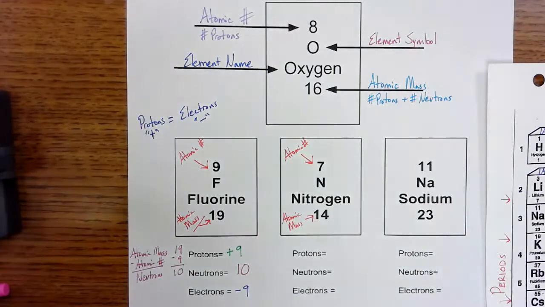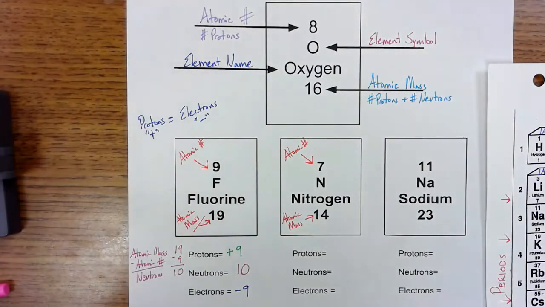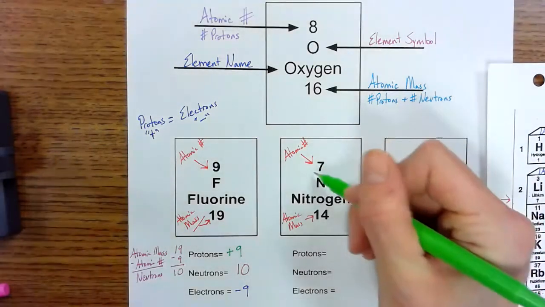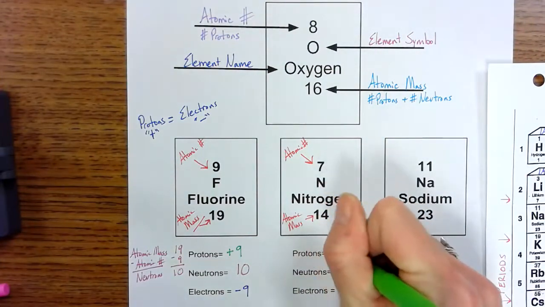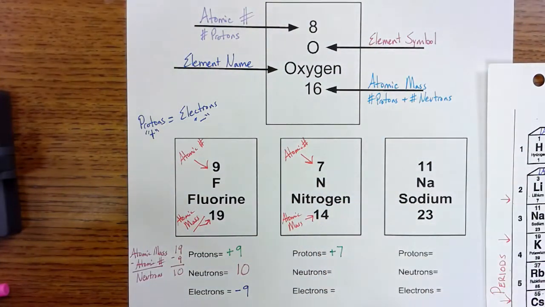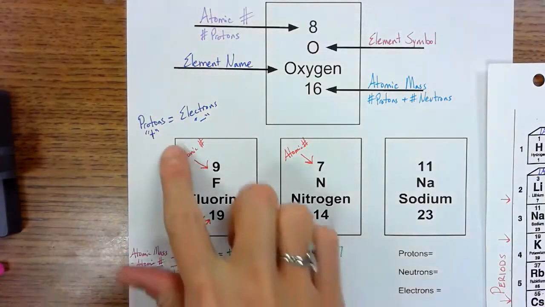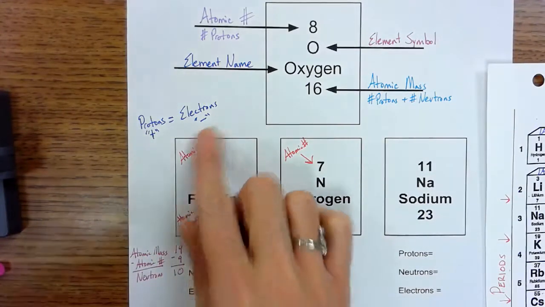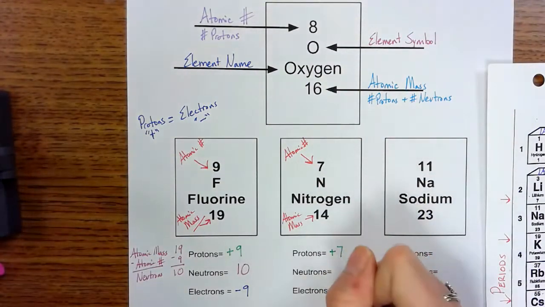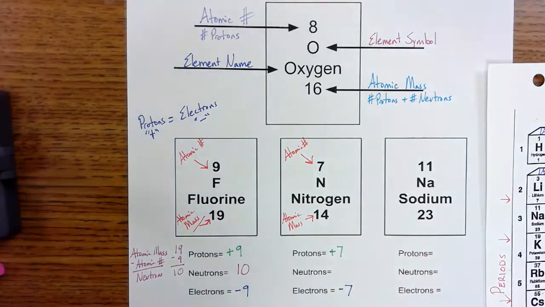So if I know the atomic number tells me the number of protons, that means I'm going to have a plus 7 for my nitrogen. So all nitrogen atoms have 7 protons. And again, if I know that protons are going to be the same as electrons so that I can have a neutral atom, I'm going to have a negative 7 electrons. So I have 7 electrons that are negatively charged.